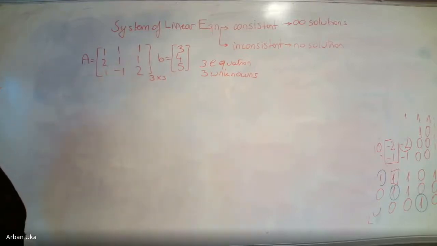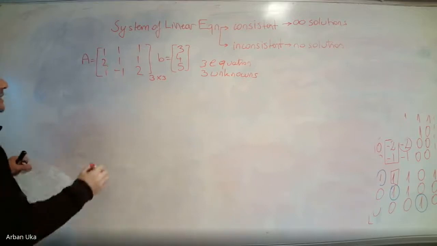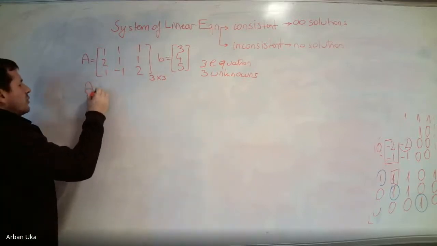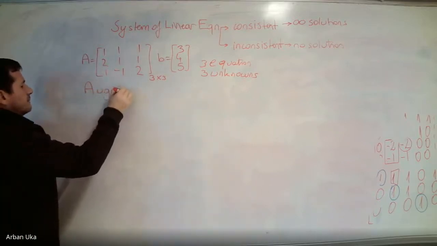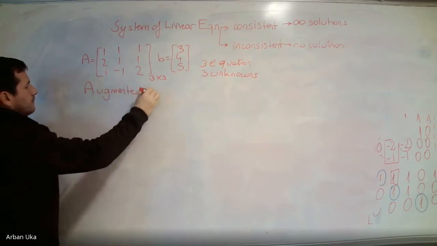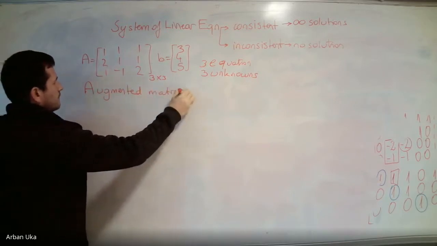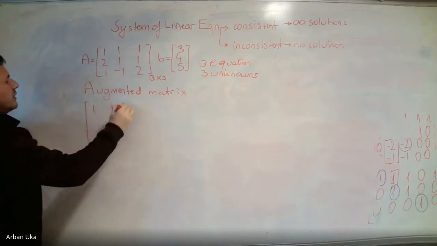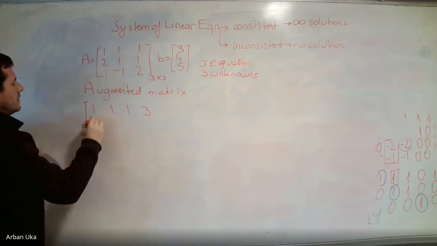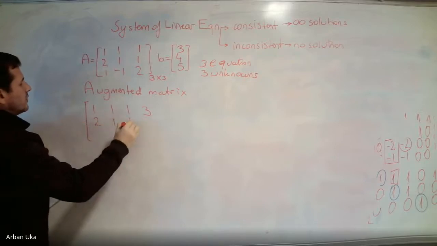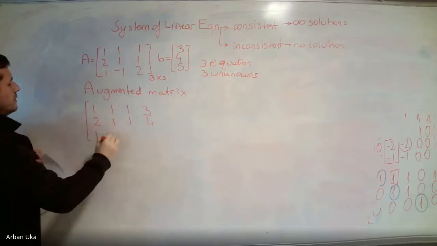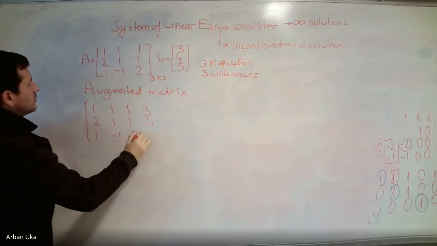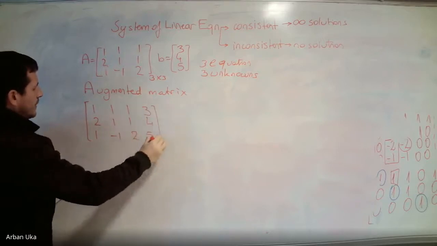And let's make the augmented matrix. What will be the augmented matrix? The augmented matrix will be the following: 1, 1, 1, 3; 2, 1, 1, 4; 1, minus 1, 2, 5.